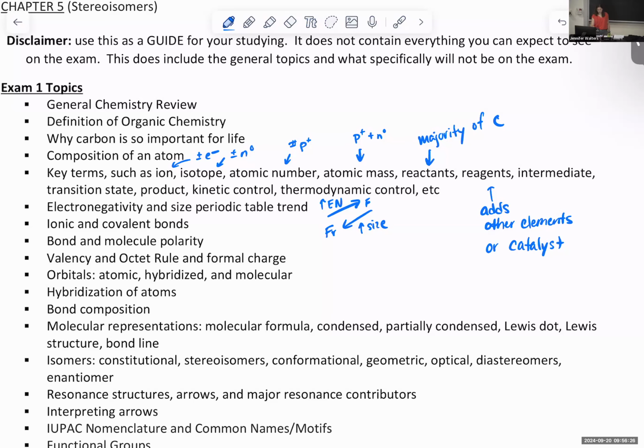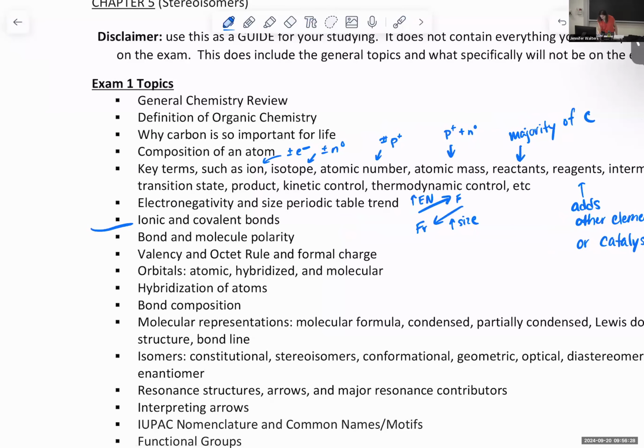Our ionic and our covalent bonds, how do you know if you're going to have an ionic bond? Metal and a non-metal. Don't forget that it's that easy. You see a metal, cool, ionic. For your covalent bonds, that's where you get your two nonmetals.